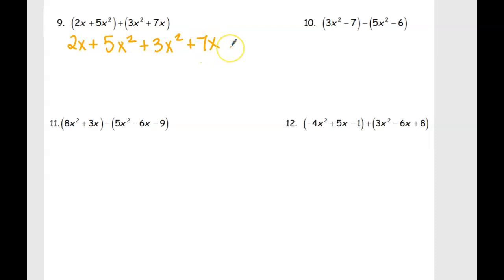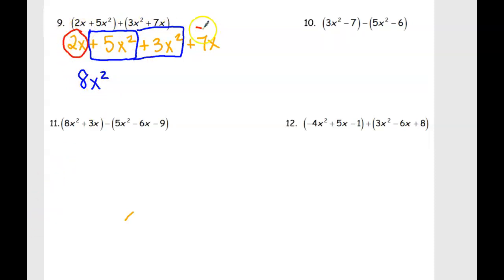All right, rewrite the problem without the parentheses, and then you can start to combine your like terms. You've got 5x squared and 3x squared is 8x squared. And then you've got 2x and 7x is 9x. And there's your answer.